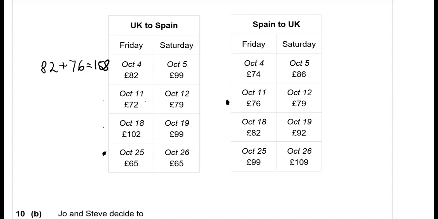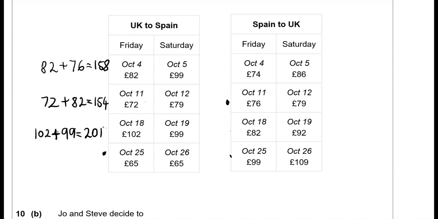If going on October 11th, we get £72, add 82, cost £154. If going on October the 18th, that is 102, add 99, and this gives us £201.